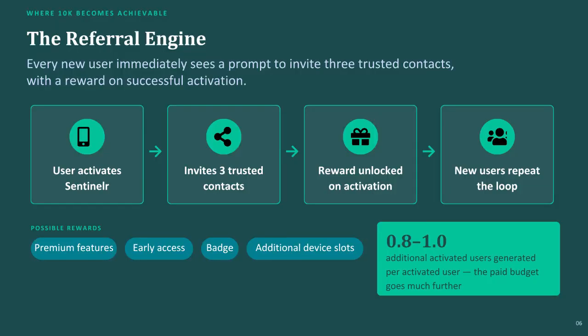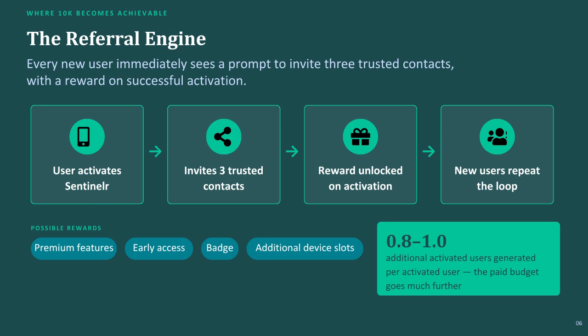Where 10,000 users becomes achievable is through the whole engine. In the referral engine, every new user immediately sees a prompt to invite 3 trusted contacts, with a reward on successful activation.